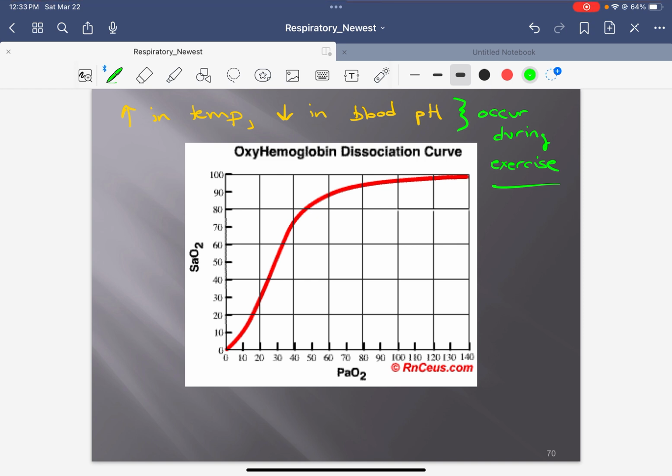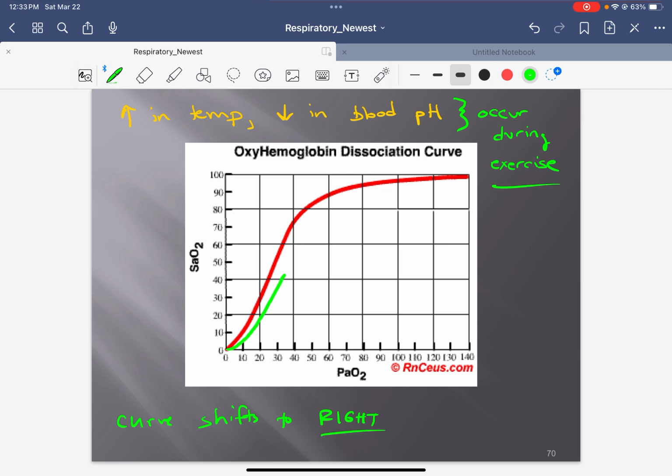When there is an increase in temperature and when there is a drop in pH, the curve shifts to the right. You need to know that. When there's an increase in core temperature or a drop in pH, the curve shifts to the right.